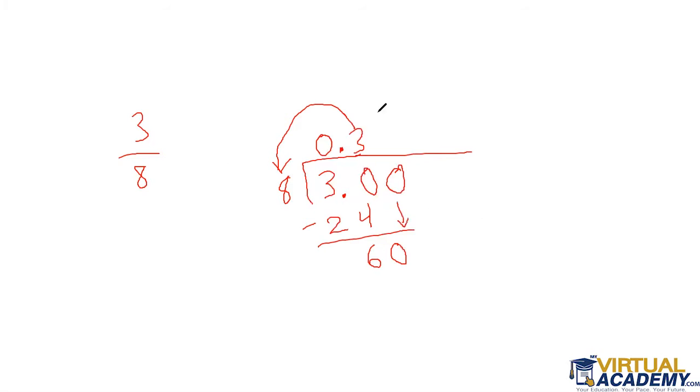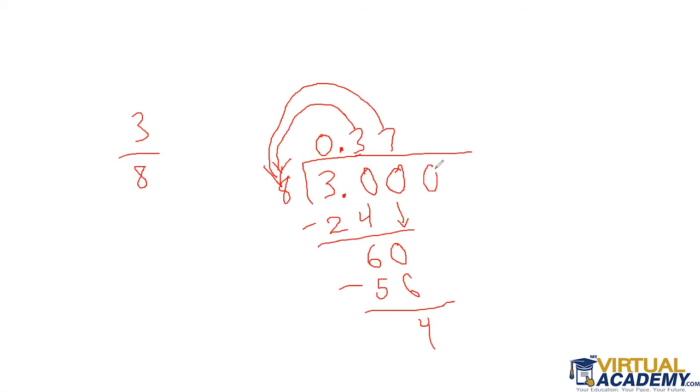Well, 8 goes into 60 7 times because 7 times 8 is 56, right? And we subtract that. If we subtract, we get 4, okay? We still did not get 0. We got a 4. So we have to keep going.